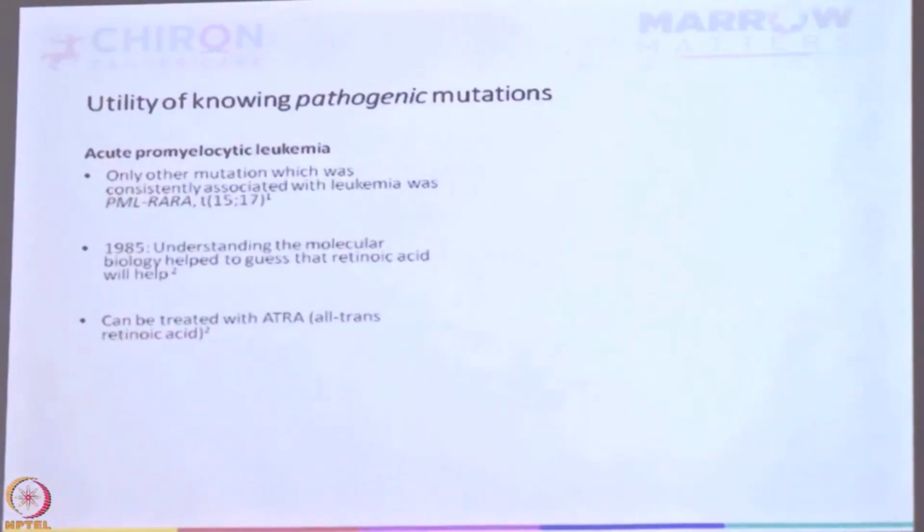And in Chinese traditional medicine, not allopathy, they would use various chemicals, and they realized that if you put retinoic acid in a cell line, then that leukemia cell differentiates into a normal cell. It is no more an immature cell, it can differentiate.